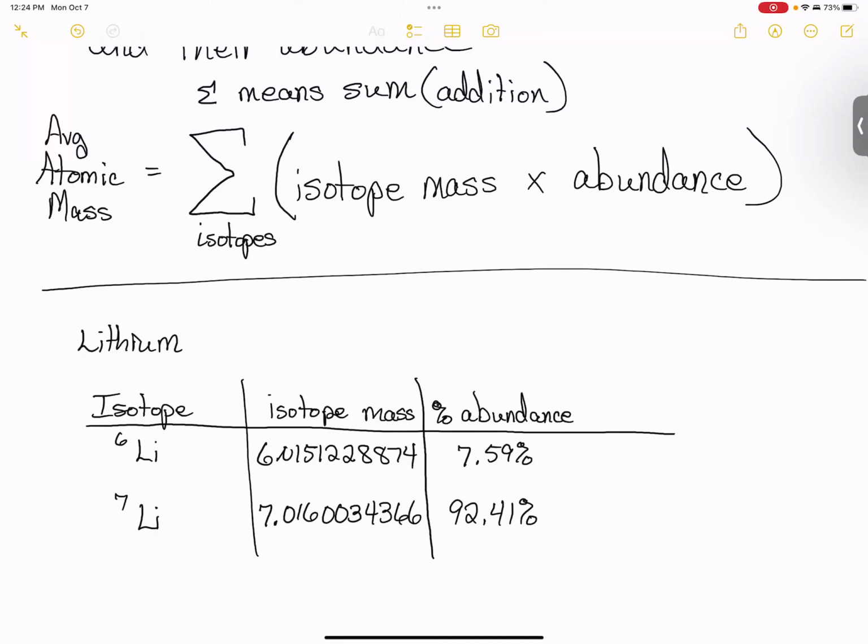Now, I want to highlight a key piece here. In the equation, I said abundance, not percent abundance.